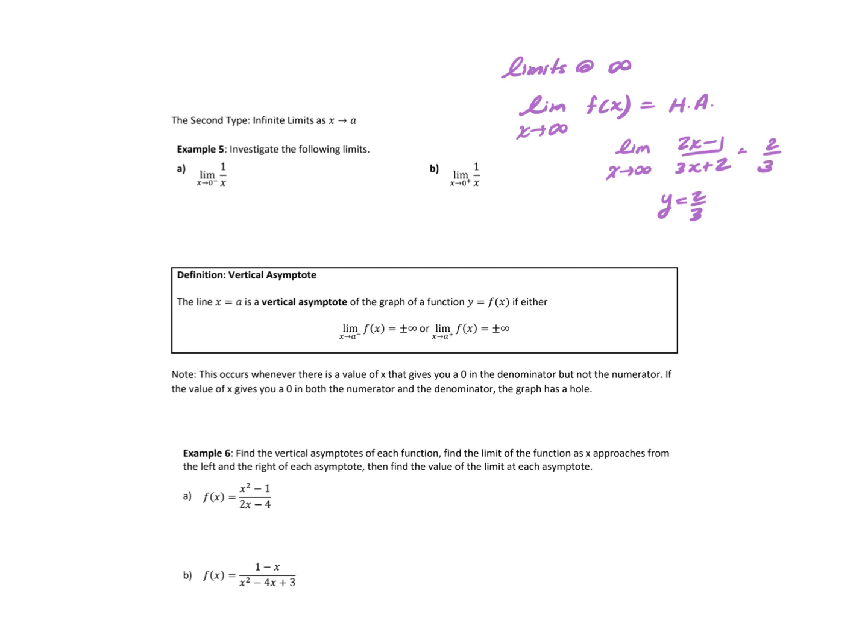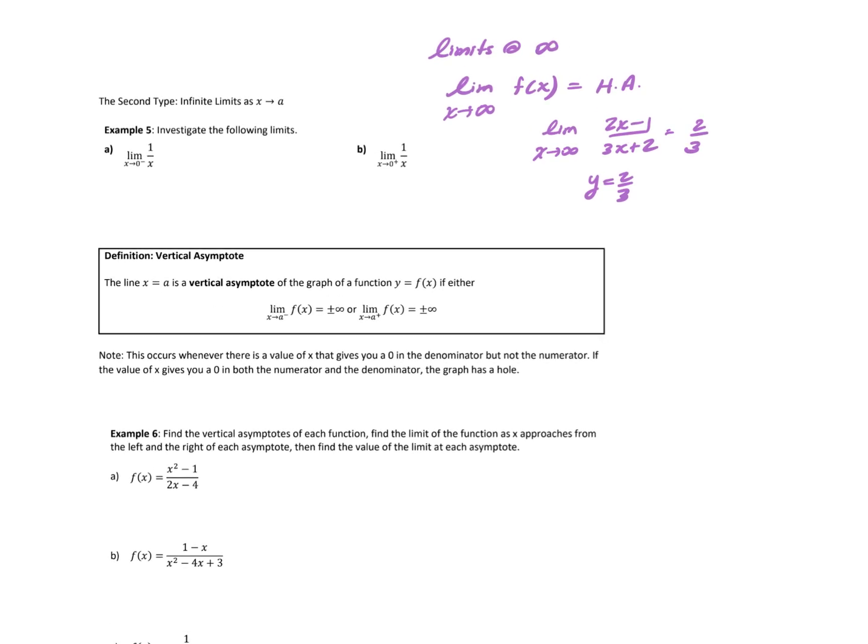I'm just looking at the coefficients because the powers are the same. If it was bigger on the bottom, we said that it was 0, and we would say y equals 0 for the horizontal asymptote, because you're at infinity. So we can compare the highest powers and almost disregard everything else.